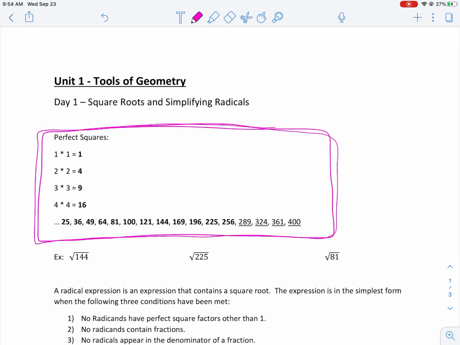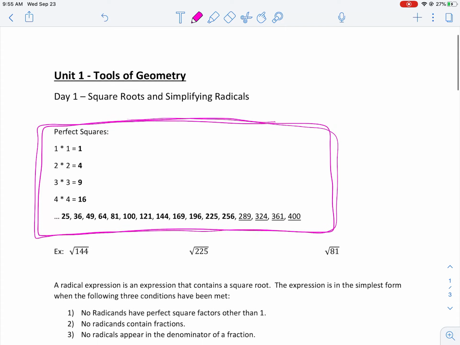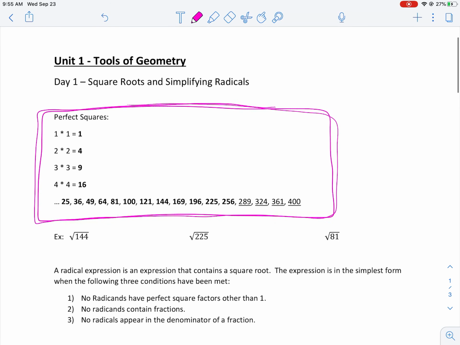So these perfect squares, to be a perfect square means it's just some number that's multiplied by the same number twice. So 1 times 1, 2 times 2, 3 times 3, 4 times 4, and so on and so forth. If you look down below here, we've got the square root of 144, the square root of 225, and the square root of 81. What this looks like really is 12 squared, and we're taking the square root of it.